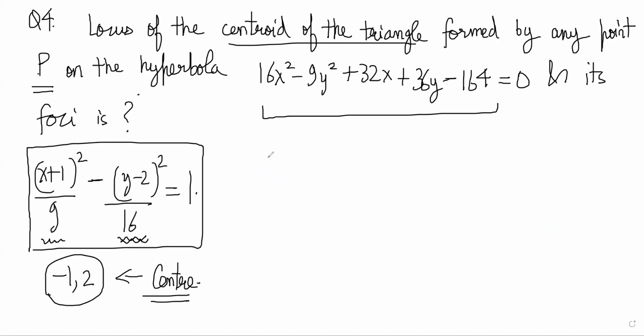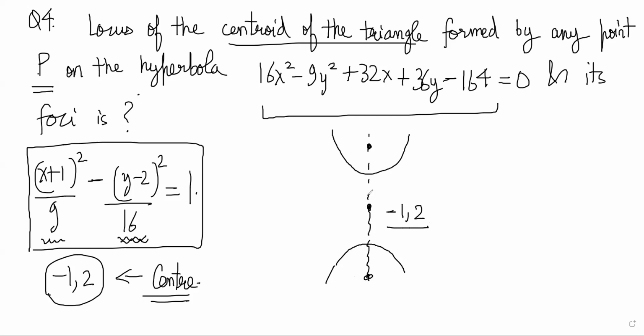So the hyperbola looks like this, something like this, right? And the center of the hyperbola is minus 1 comma 2, right? So the foci will be on the same x coordinate. Foci should have the same x coordinate here.